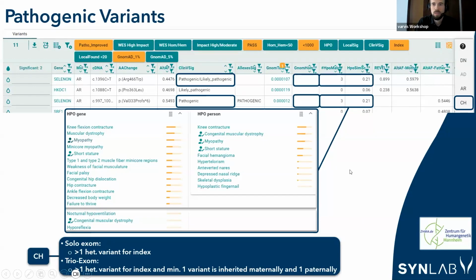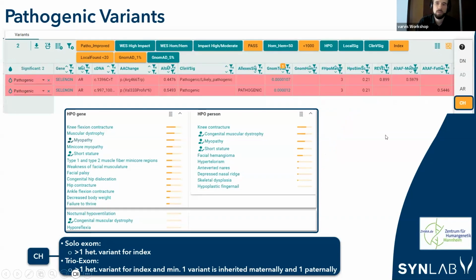So we turn on this compound heterozygosity filter, and you can see here very nicely that both the mother and the father were carrying this variant heterozygously, and therefore this was a nice finding.